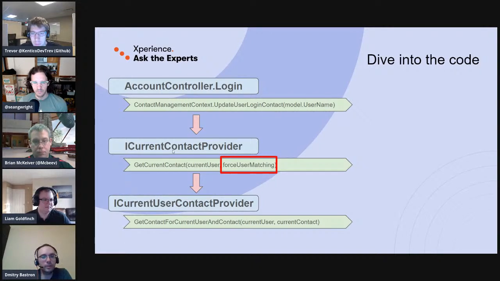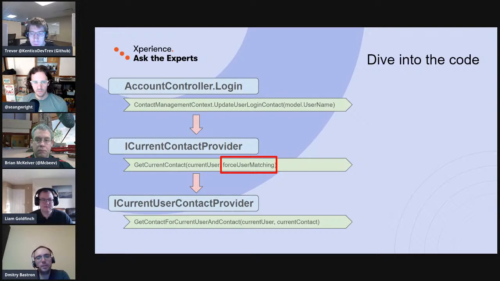Aside from ICurrentContactProvider, there's ICurrentUserContactProvider, which retrieves the right contact based on the current user and current contact information available to you. I think it's important to mention that these are the providers which are customizable, and as a developer, it would be your responsibility to write some logic to customize this to your desired behavior.